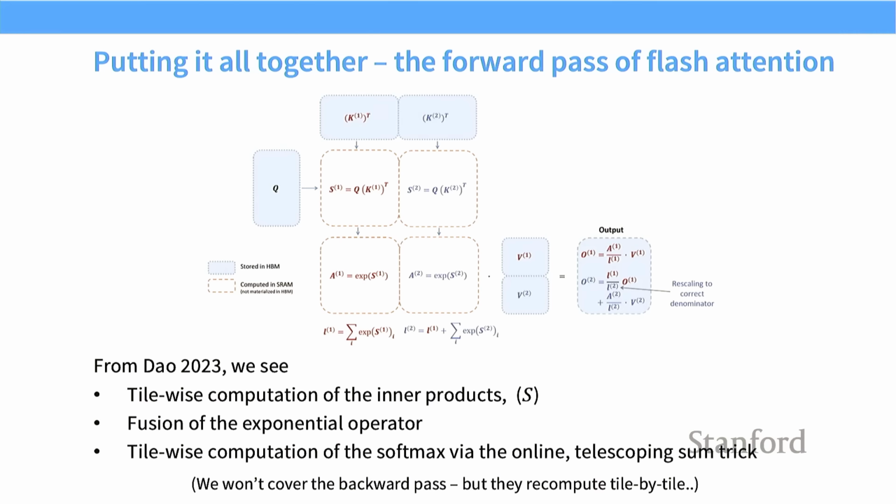But in the backward pass, if I store the activations, that's already something that's n squared size, right? So I don't want to store my n squared activations. I'm going to have to recompute them on the fly tile by tile when I do the backward pass, right? So that's a really key other trick that they use to make the backward pass possible. But otherwise, it's fairly standard. It's really the same thing as computing the gradients, just tile by tile.